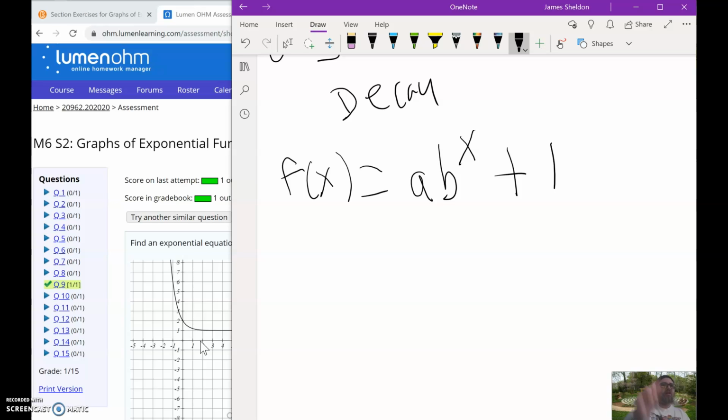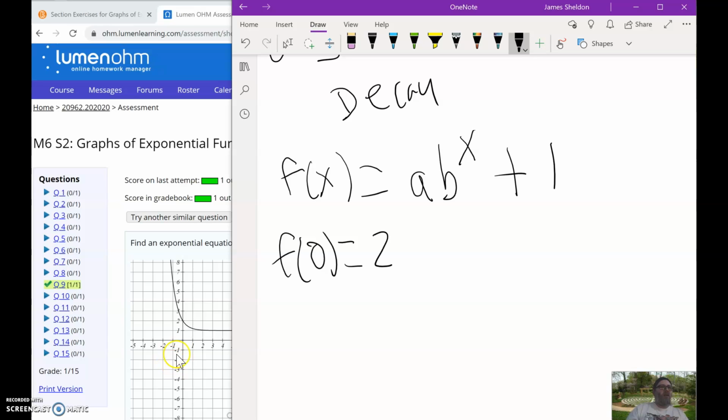So now that we have the basic form of our equation established, we're now going to need to find two values on the curve. And ideally, you're going to want one of them to be at x equals 0. And you'll see why in a moment. So if we go to x equals 0, then we see that f of 0 equals 2. So we'll write that one down.